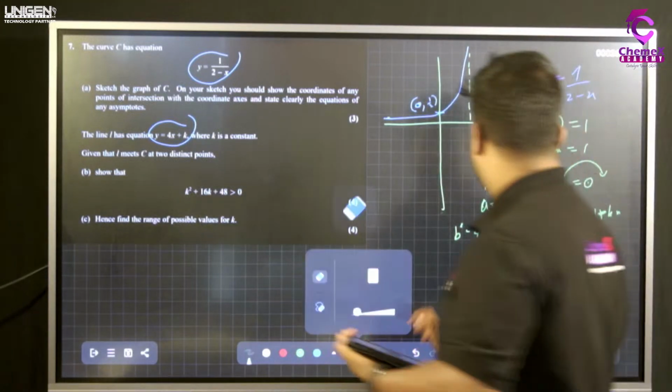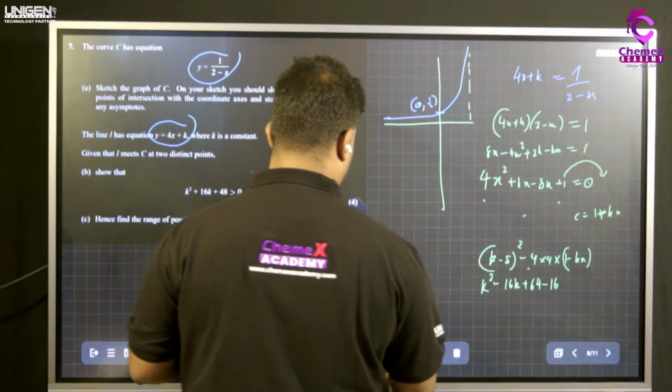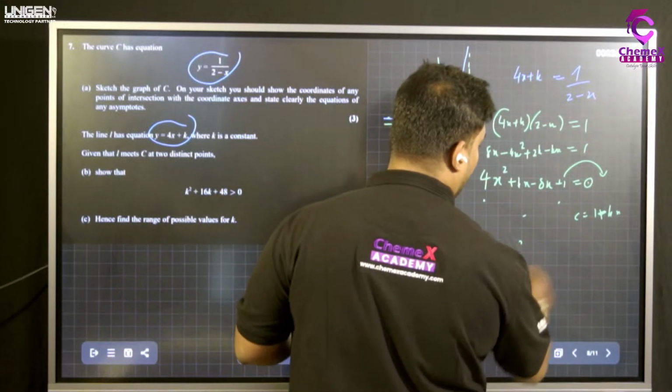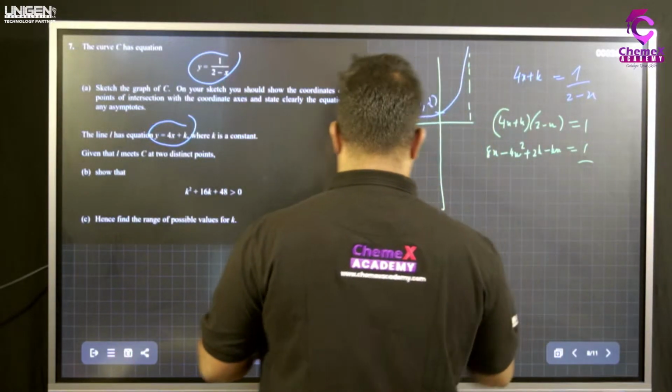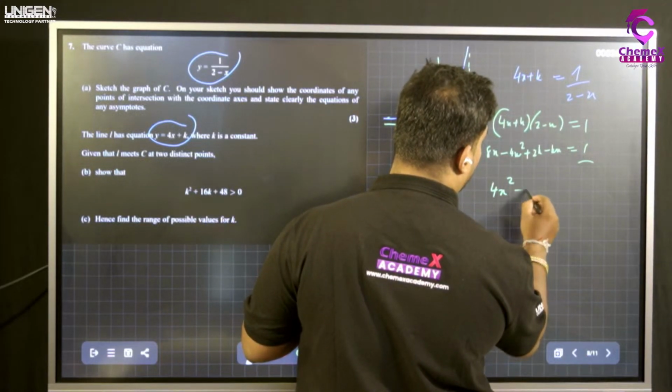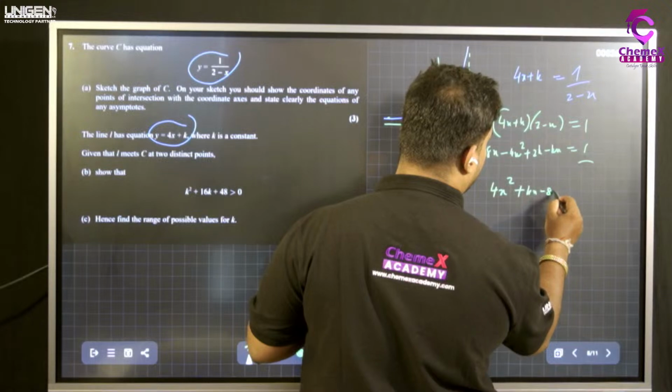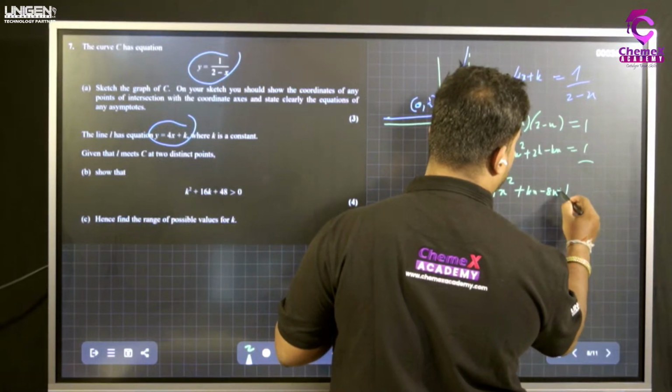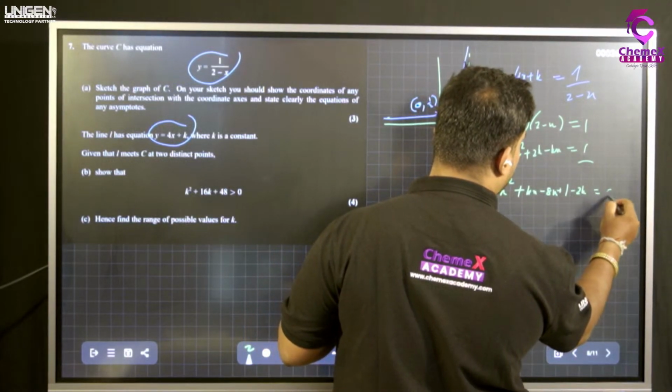Yes, there's a mistake from here. If I don't correct it, the final answers are all gone. So 4x squared plus kx minus 8x plus 1 plus 1 minus 2k equals 0.